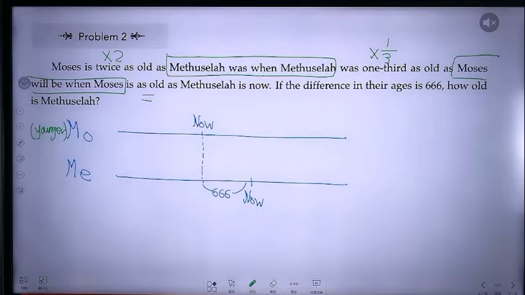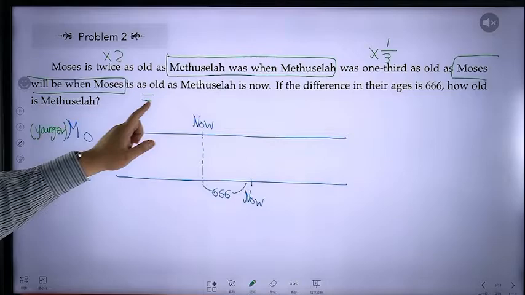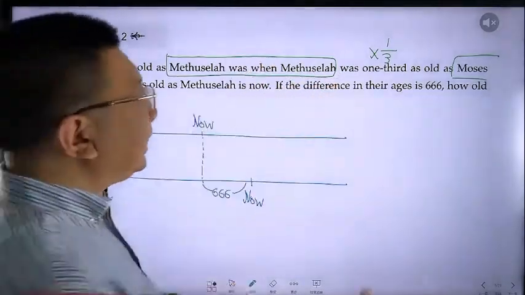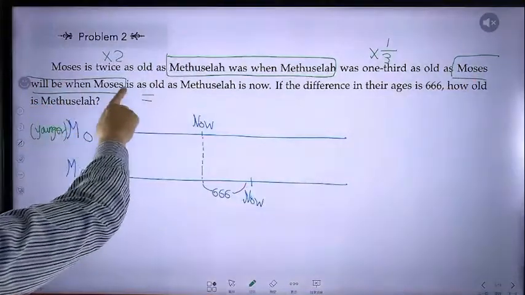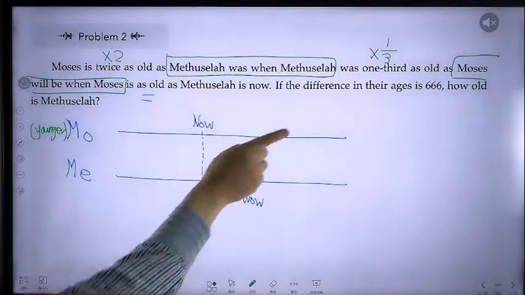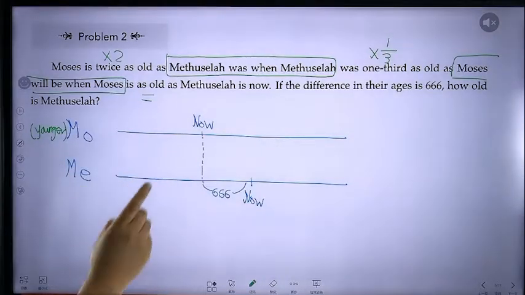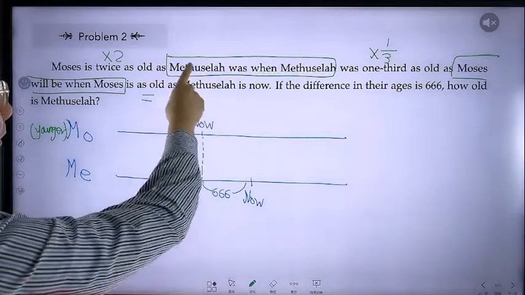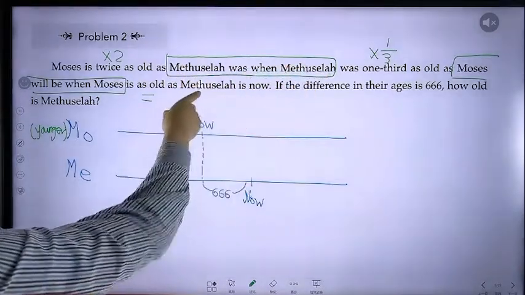Now what's next? When ME was 1/3 as old as MO will be when MO is as old as ME. After you read it more carefully, you'll see this sentence can be greatly simplified. This just means when ME is 1/3 of his current age.